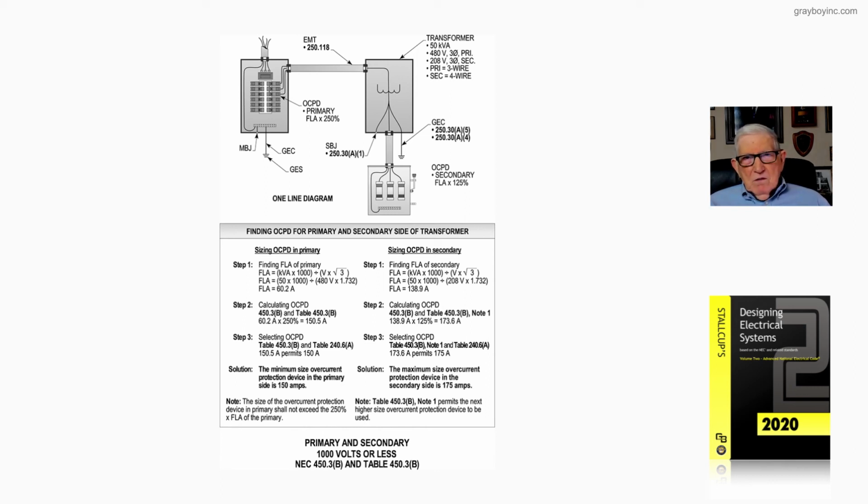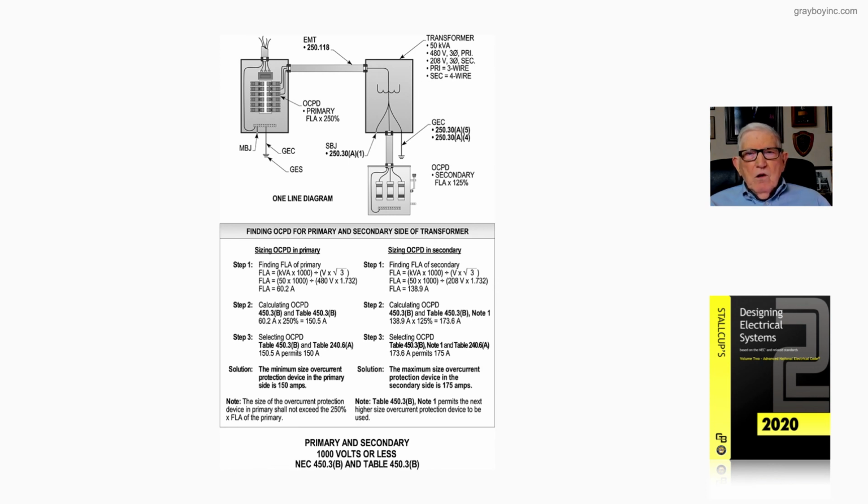Remember this, 450.3 of the NEC and the informational note protects the conductors using either 240.4 or 240.21(C) for 1,000 volts or less.